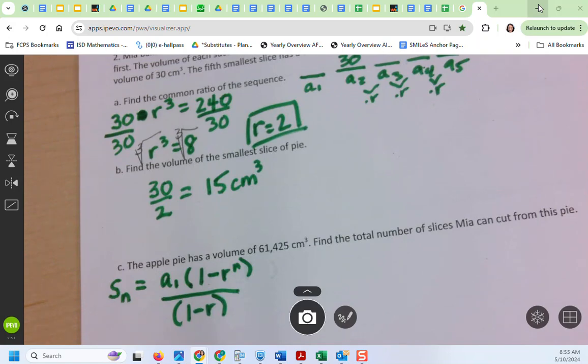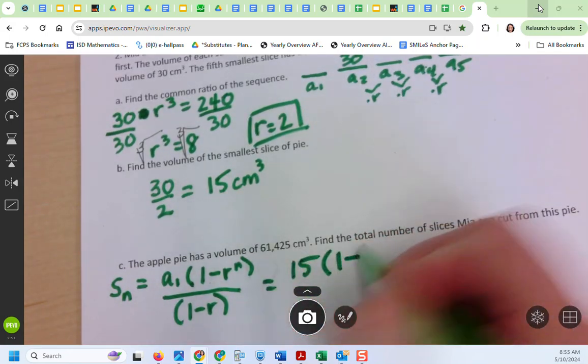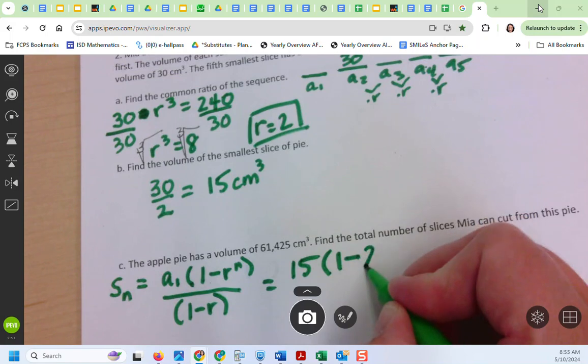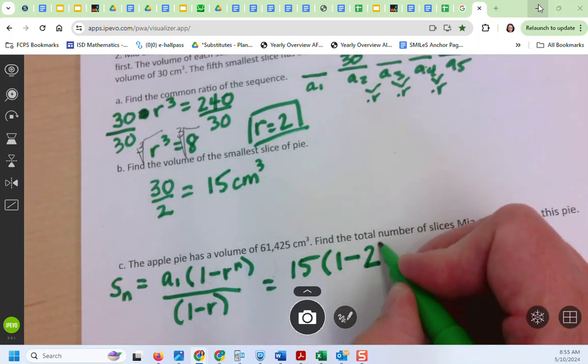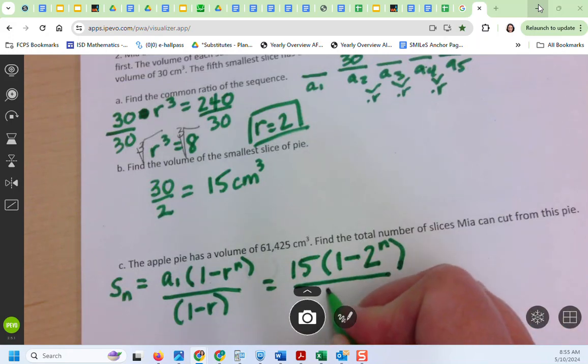And then substitute in A sub 1 we just found. The first term is how much? 15. So 15 times 1 minus, we found R right there, and we're trying to find n. We don't know n. And then 1 minus 2.